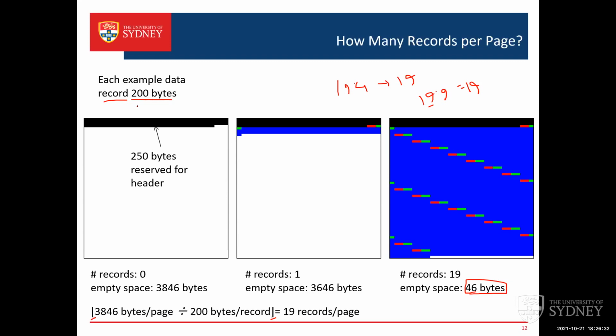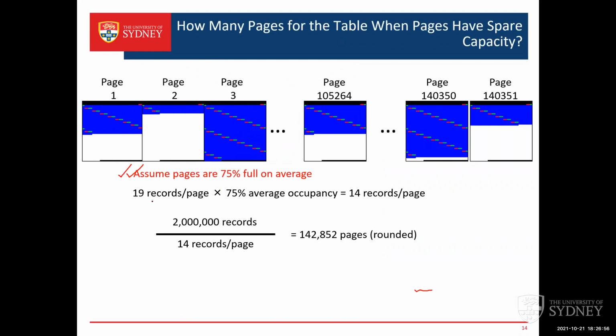So how many records can I store in a page? Now, when I'm making an assumption that they are 75% full, in this case I can store 19 multiplied by that 75% that we had. Hopefully that is making sense now. Yes, that's what the calculation is in here: 19 records per page times the 75% average occupancy that we have.